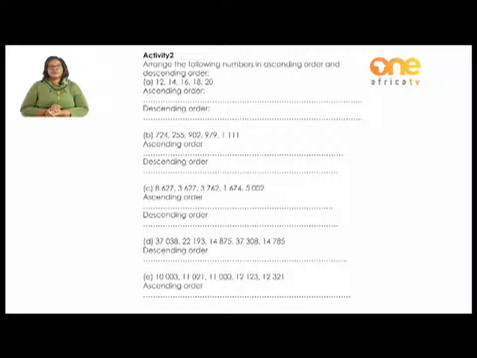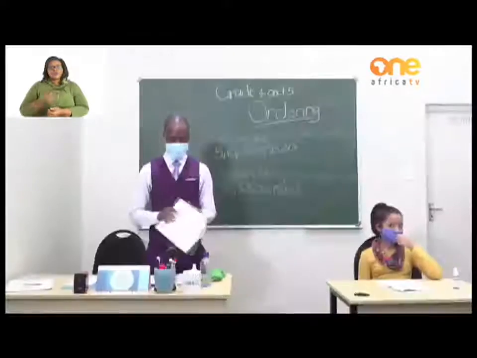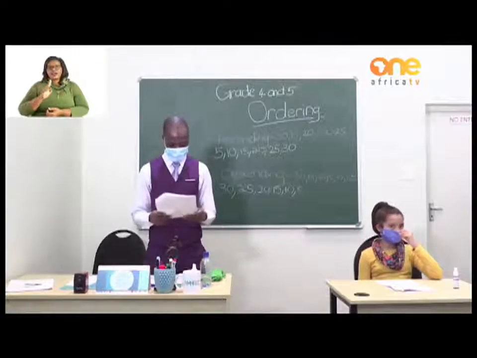So the smallest number there is 12, followed by 14, then we go to 16, 18, 20. When you are done with activity 2, we have our memorandum on page 15. That one will help you check whether your answers are correct or wrong.